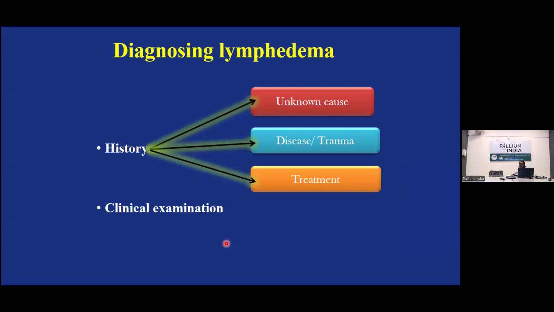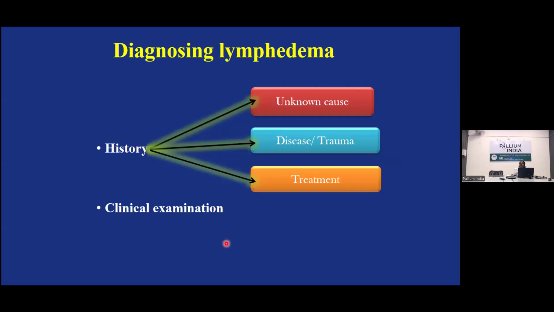Coming to the diagnosis, that is very, very important. Whenever you see a patient with edema, you have to take a proper history, because all edema is not lymphedema. Clear? All edema is not lymphedema. If a person has cardiac issues, that patient might have developed lower limb edema.